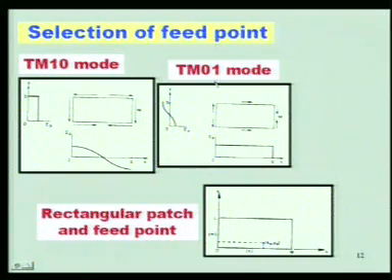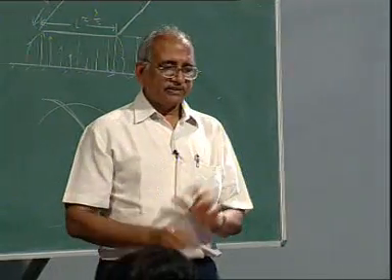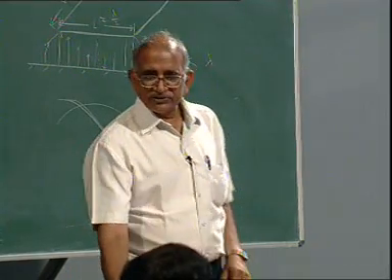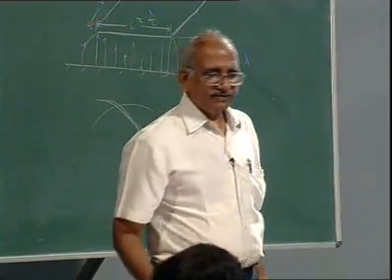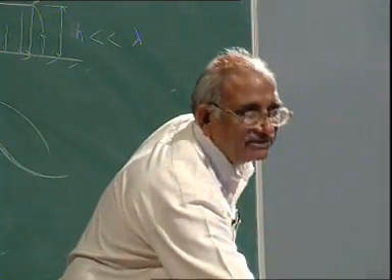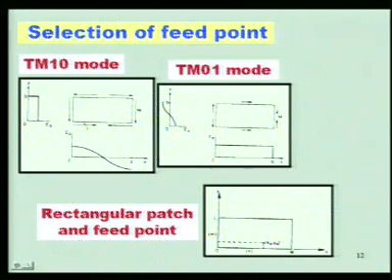So, one can excite either TM10 mode or TM01 mode, and the two modes will have a different resonant frequency. For the 10 mode, the resonant frequency will be determined by this dimension of the patch, where there is half variation. For the 01 mode, it will be determined by this dimension.